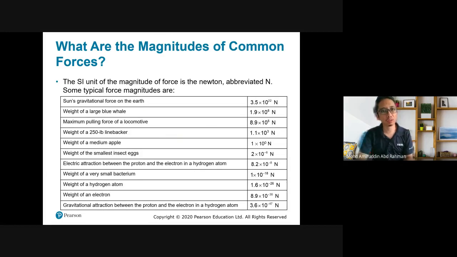What are the magnitudes of the common forces? The SI unit of the magnitude of force is the Newton.